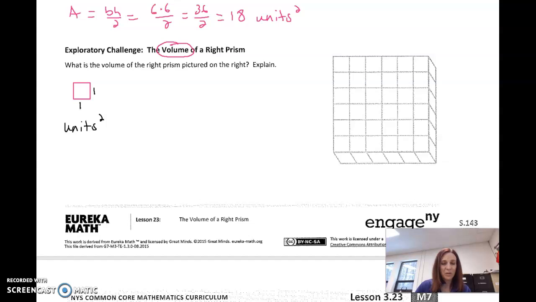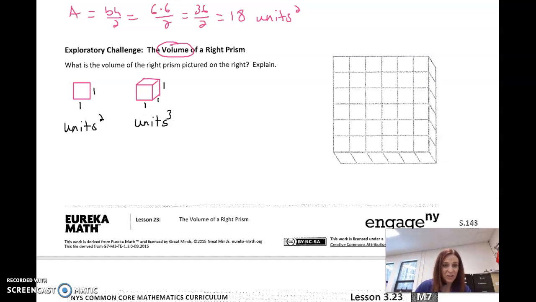But we also have a rough sketch here, sorry, of a 1 by 1 by 1 unit cube. So you can see that we're adding that third dimension. These are going to be done in cubic units because we have length, width, and height. Here we just have length and width. Here we have length, width, and height.